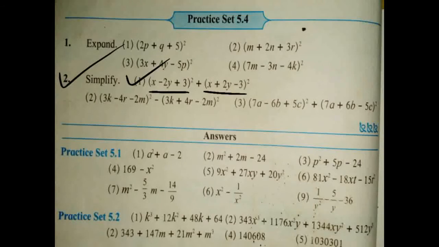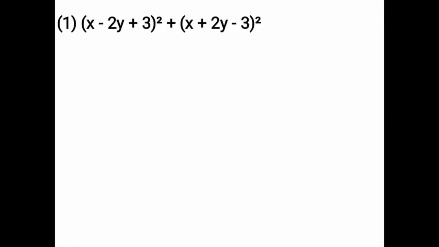There is a combined form of the (a plus b plus c) the whole square formula. You have to write it like this: (a plus b plus c) the whole square plus (a plus b plus c) the whole square, and you have to write its expansion form 2 times.